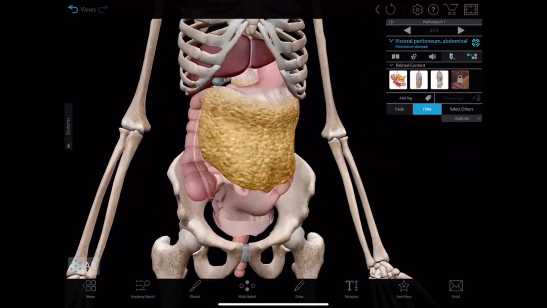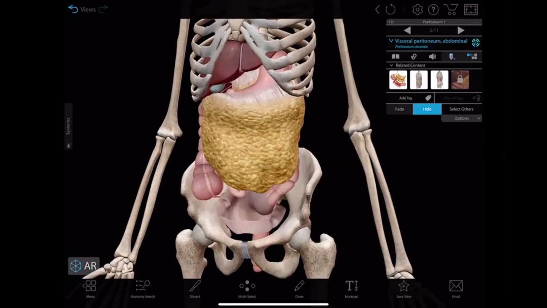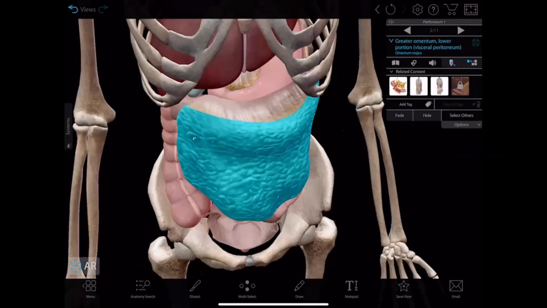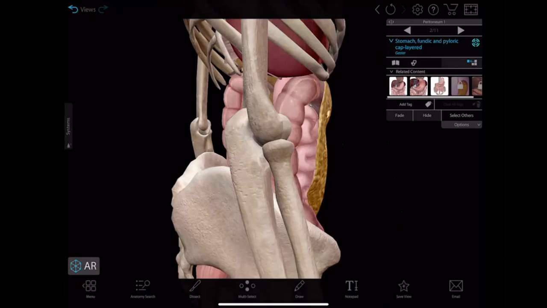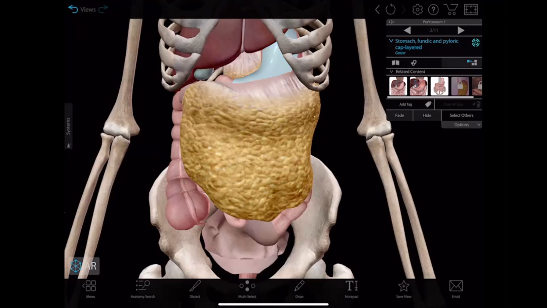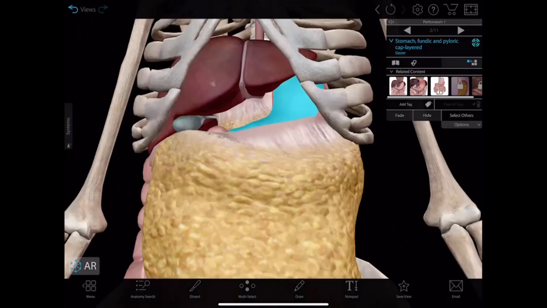So this fatty layer you are seeing, this selected structure, is called the greater omentum, right? This is the greater omentum, which is lying in front of the stomach and in front of the colon. You see all the intestine, you can see. So that is the greater omentum. And if you see, this one is the greater omentum.